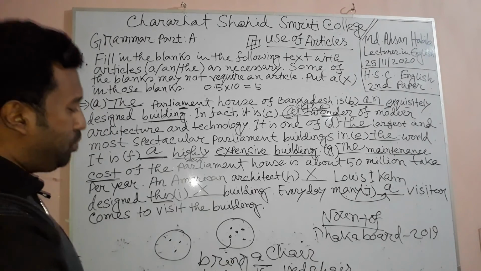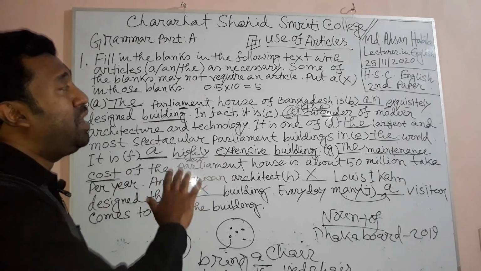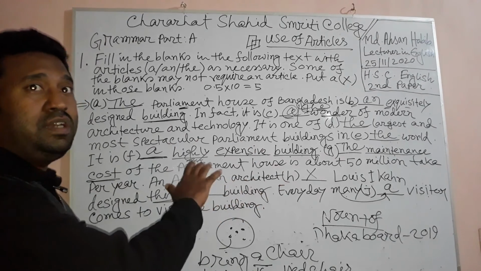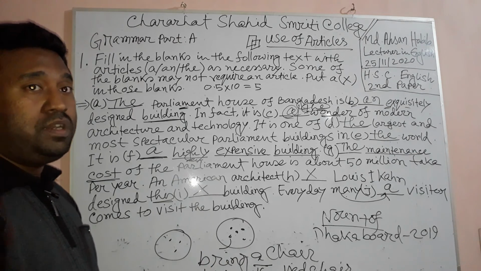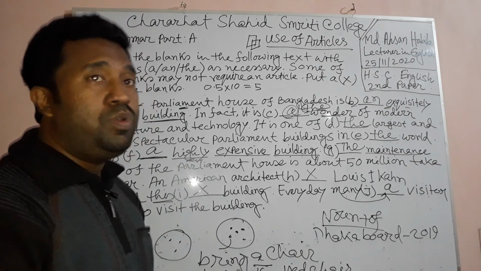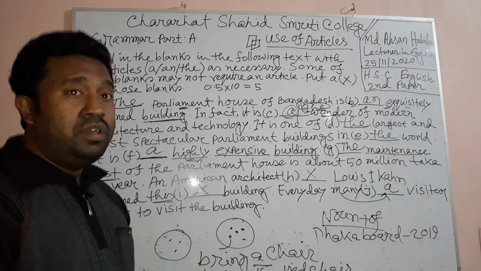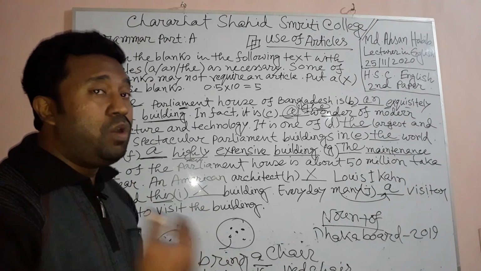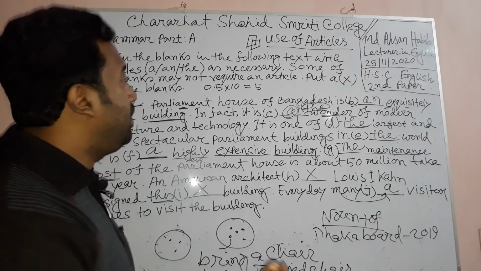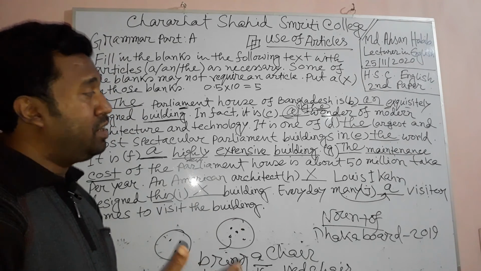So the rules you have to remember, in case you are thinking about putting articles in your text, is which one is definite and which one is indefinite. If it is indefinite, you have to put a or an. You can put an when you find a vowel sound, and you have to remember that it must be a singular noun.